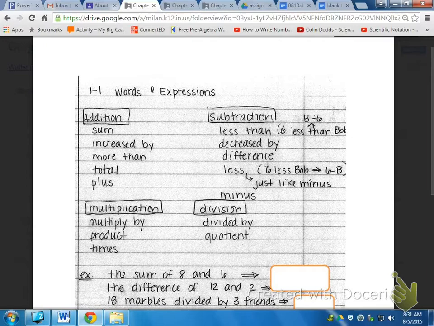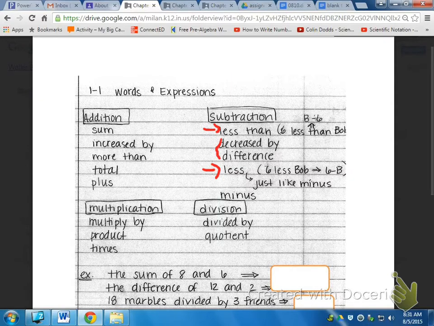All right, let's move on to subtraction. Now, in subtraction, there's a couple of tricky ones, and I'm going to cover those last. This one is tricky, and this one is tricky. We'll hold off on that. So, first of all, subtraction, the difference of and decreased by. Those are pretty basic.